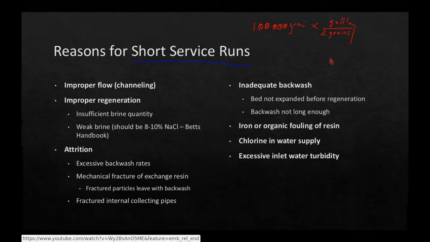So then how many gallons should I be able to treat, at 200 grains per gallon? 100,000 over 200.